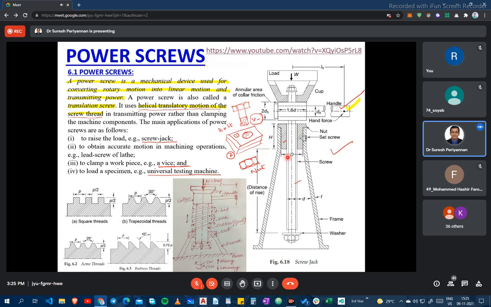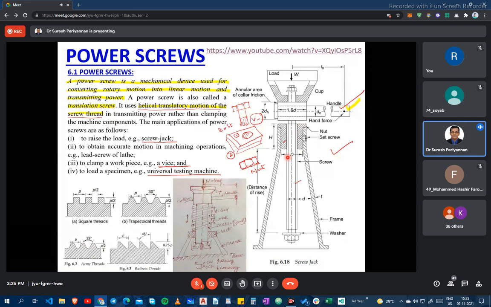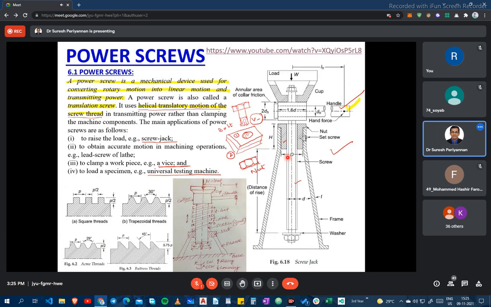You may expect this type of question in your objective exams, even competitive exams. One more time: with a square thread, there won't be a radial pressure or a side thrust in the nut in power screw applications.